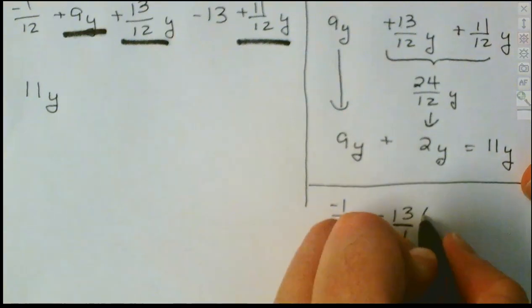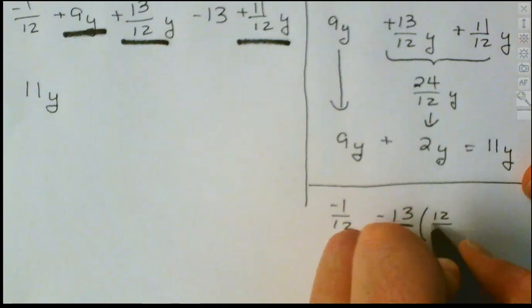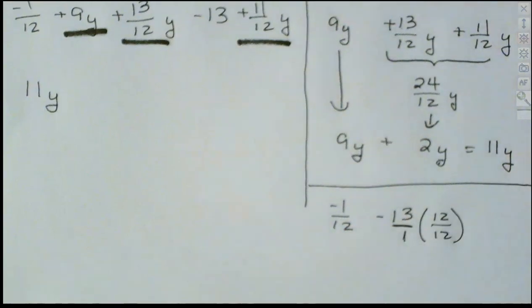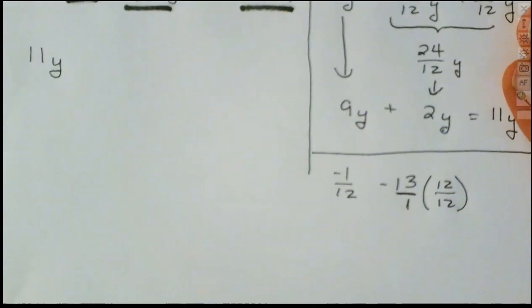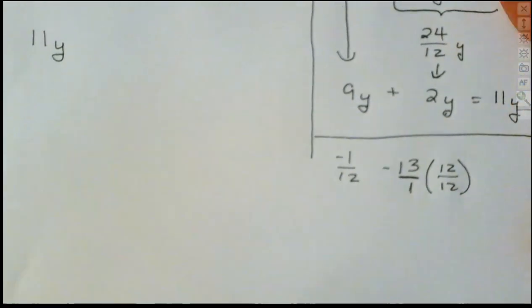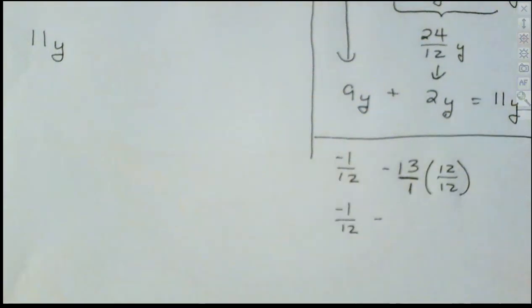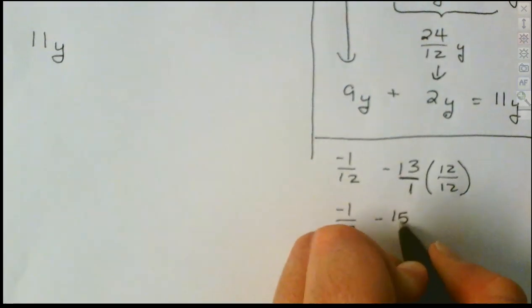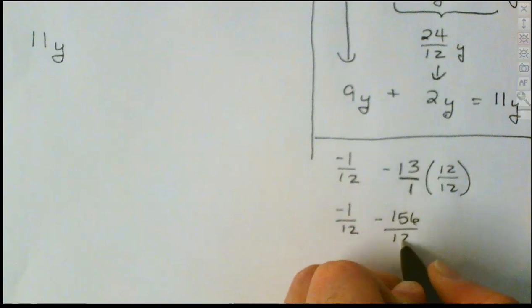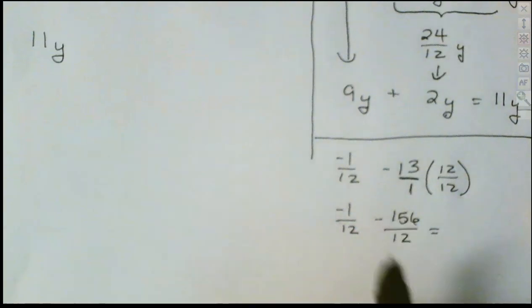And we want common denominators, so I'm going to use a 12/12 here. That's going to give me my common denominator. So now we've got a minus 1/12, and we've got 13 times 12 here, and it's negative again. It's a minus 156/12. They're both negative, so they go together.